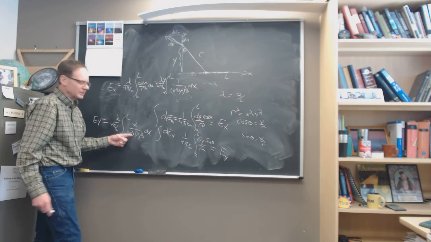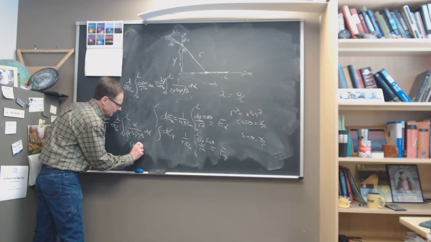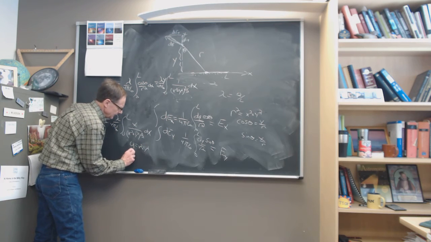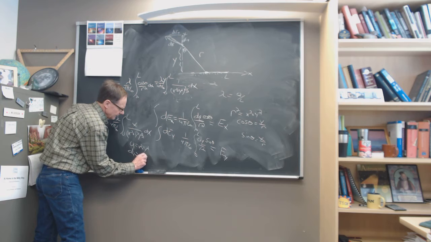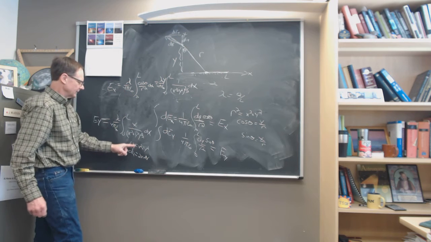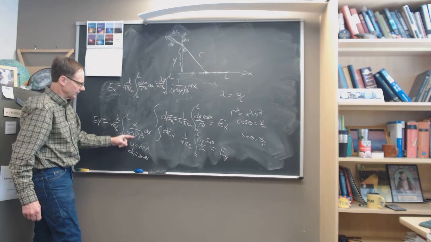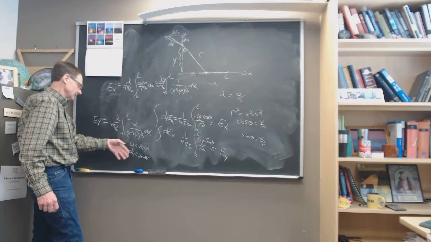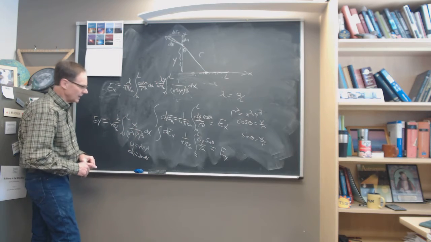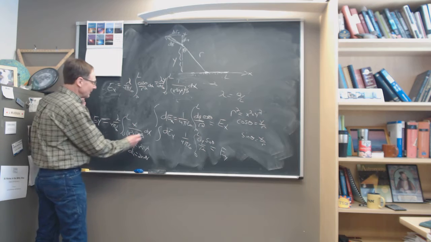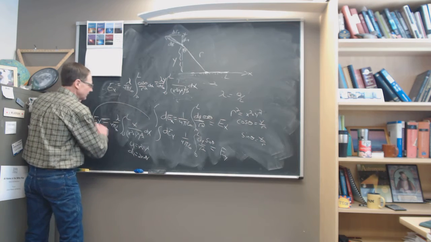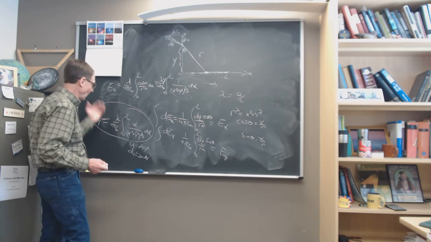But we could just do a u substitution here. Say u is equal to x squared plus y squared, and du is equal to 2x dx in that case. And so then we've got a 1 over u to the 3/2 du with some constant 1/2 floating around. So we can do this. But now we have two expressions. We solve this equation to get the electric field y component.